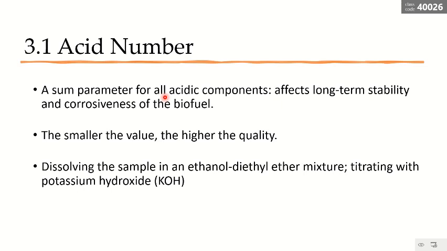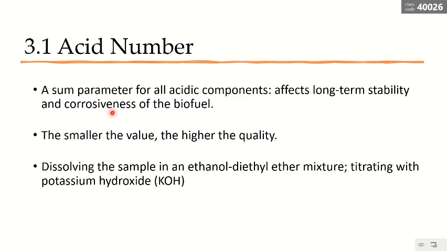So that is somehow how we characterize this assay number. And this number is very important because a higher assay number will affect the stability of the biofuel. Basically, if we have a biodiesel or the feedstock with a high assay number, it means it cannot be stored for too long. Meanwhile, we also know the corrosive effect.